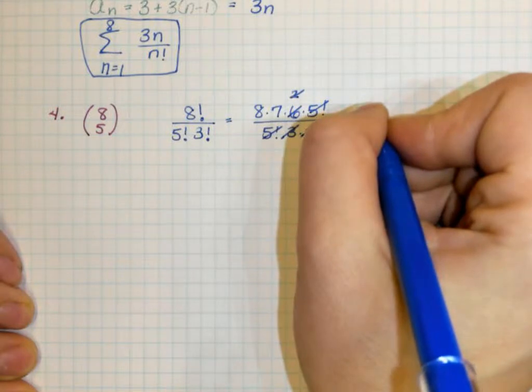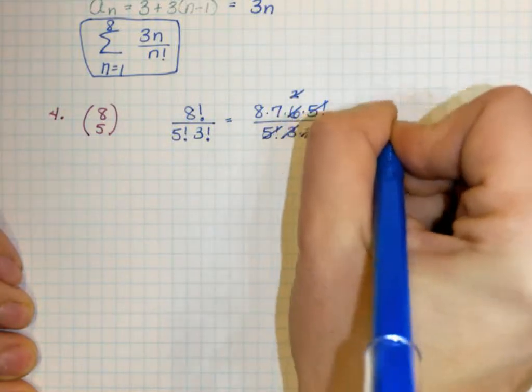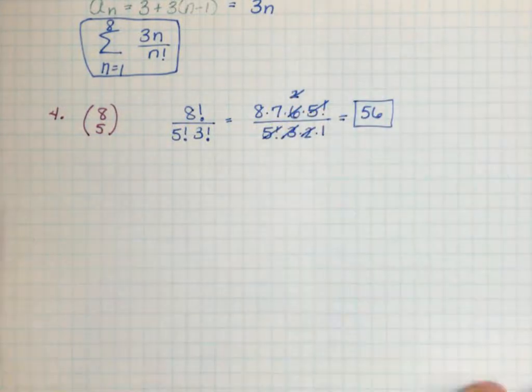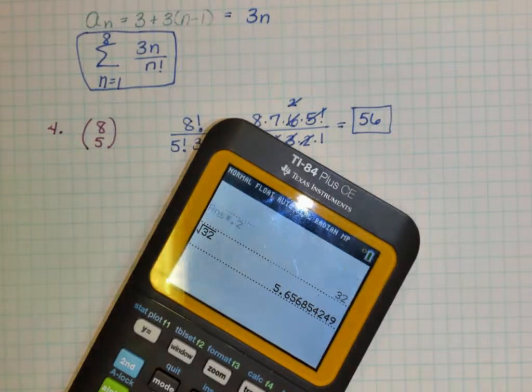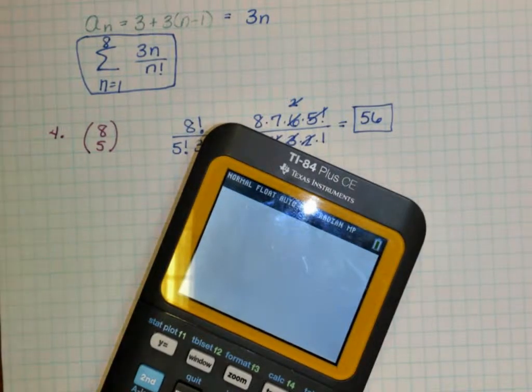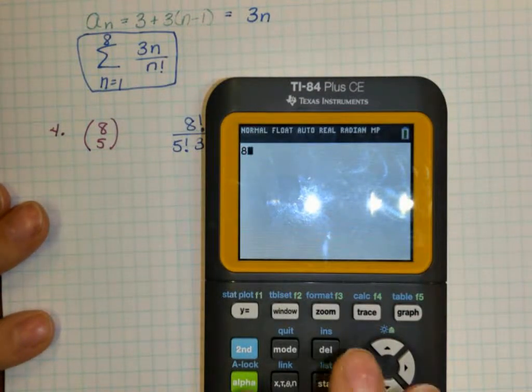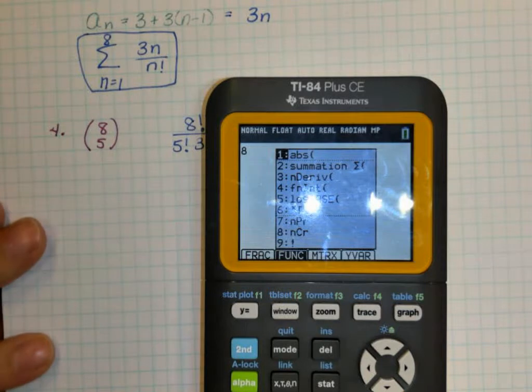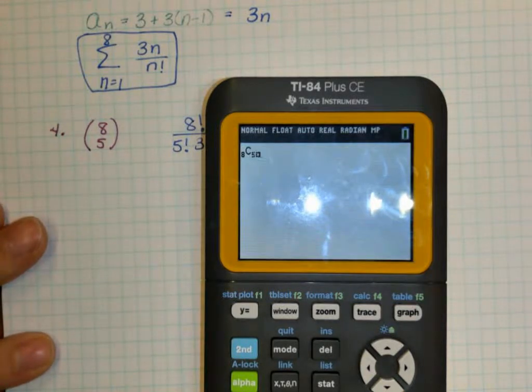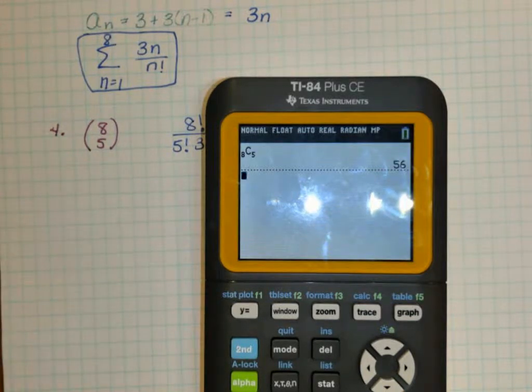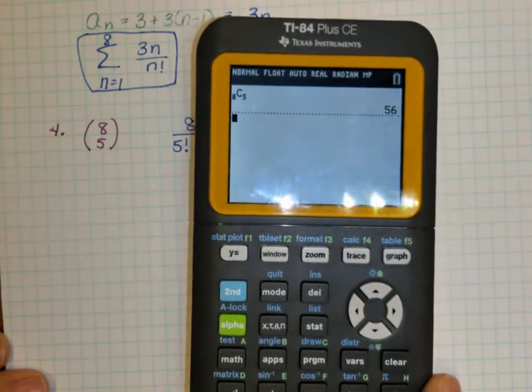Okay, 56. 56, yes. Or, grab the calculator. Since I didn't say on that one to show your work, I did accept 8 alpha F2, 8, 5. Boom. I did accept that guy.